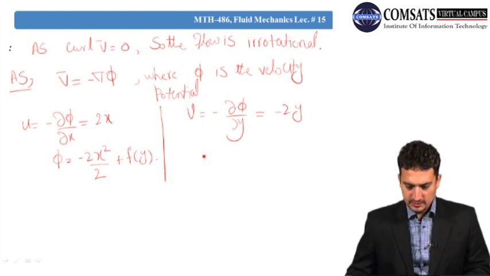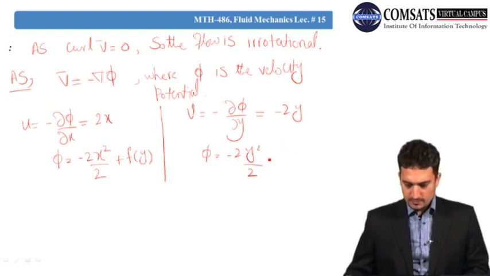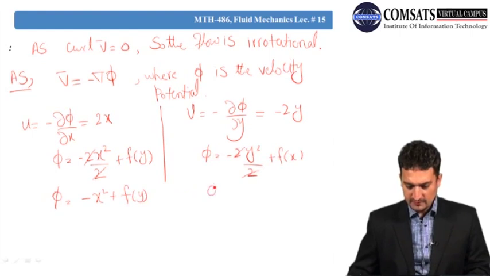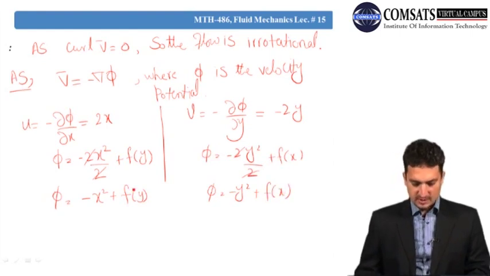And here also phi is equal to minus 2y square over 2 plus f of x, and these two will cancel out here, and so phi is equal to minus x square plus f of y, and from here phi is equal to y square minus y square plus f of x.